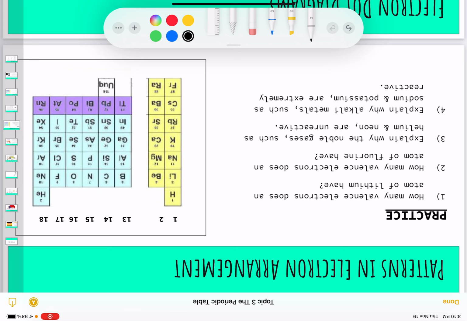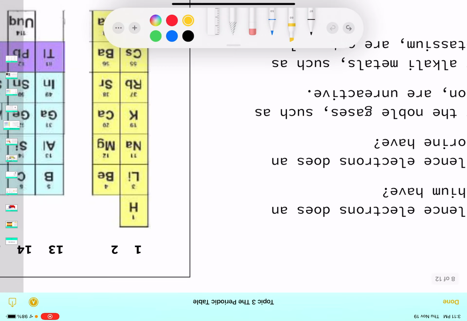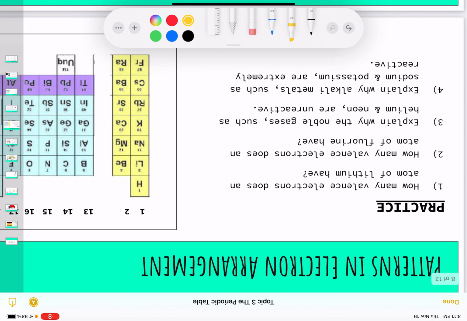So this question, some practice, says how many valence electrons does an atom of lithium have? To figure out valence electrons, I just want to remind us here, valence electrons are the outer shell electrons.